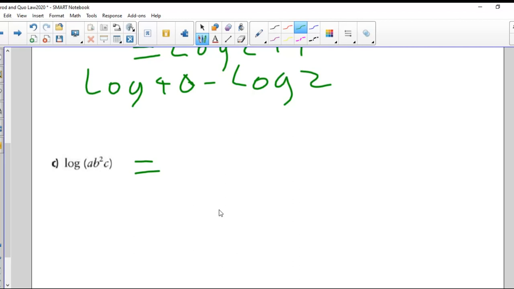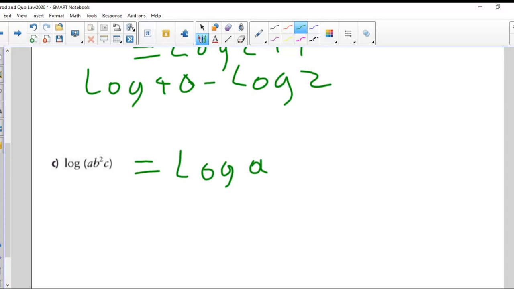So the log base 10 of a. And again, Edmund, just so you know, I don't have to say the log base 10 because it's implied to be a base 10 if there's nothing there. So it's a log of a plus the log of 10 plus b squared is what you're saying. Why is it plus b squared? Okay.